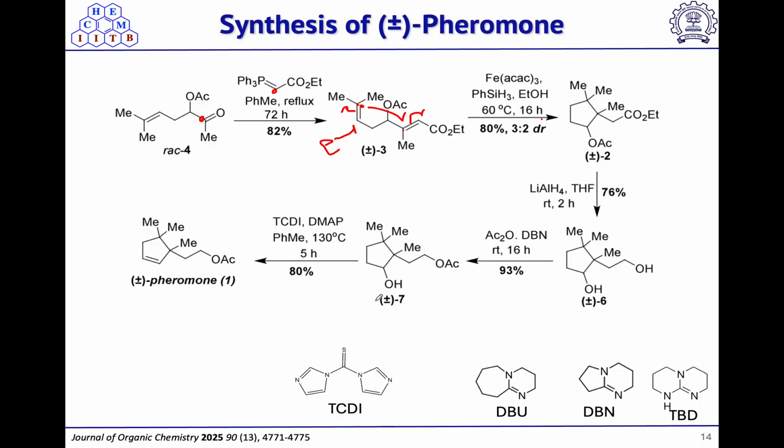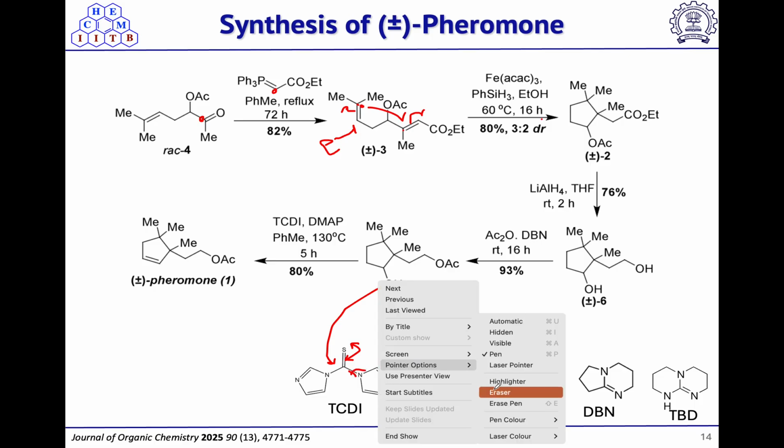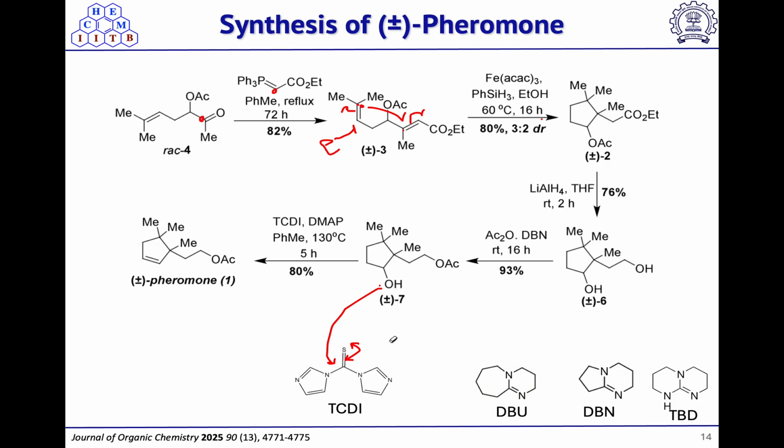This alcohol will add to this carbon sulfur, and it will return back and remove one of the imidazoles. So basically this alcohol will form a bond with this CS.